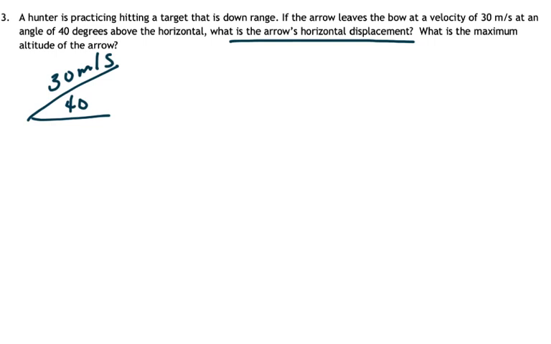So let's figure out the time to make the total time that's in the air altogether. So like before, we're looking for our displacement, and at the halfway point, our y velocity equals 0.